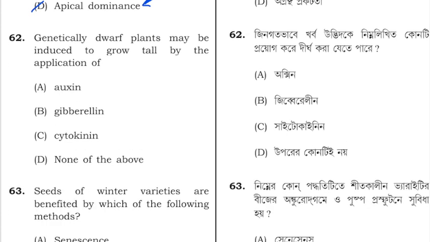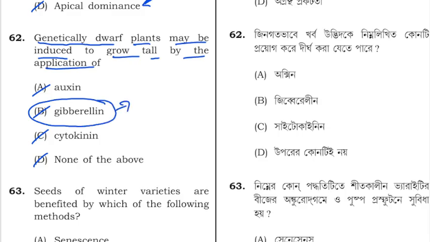Next question is, genetically dwarf plant may be induced to grow tall by the application of: A is auxin, B is gibberellin, C is cytokinin, D is none of the above. So the correct answer is gibberellin. Gibberellin was discovered due to a disease where we can see that due to the application of gibberellin, it leads to extensive growth of the plant.